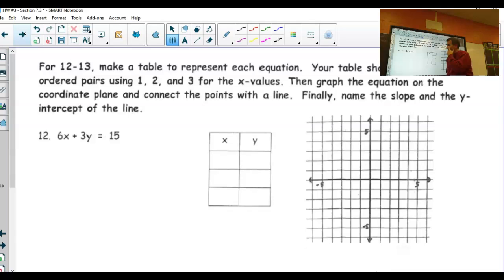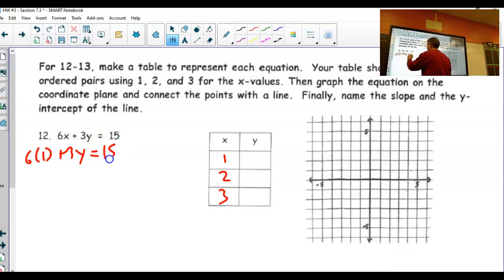All right, that brings us to the 2 graphs, right? Number 12. What I need to do here is make a table of ordered pairs that are solutions to that equation. So I pick my 3 values for x, and I start by putting 1 in for x, and I solve that for y. 6 times 1 is 6.